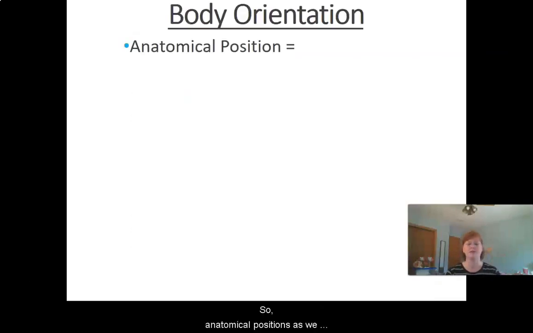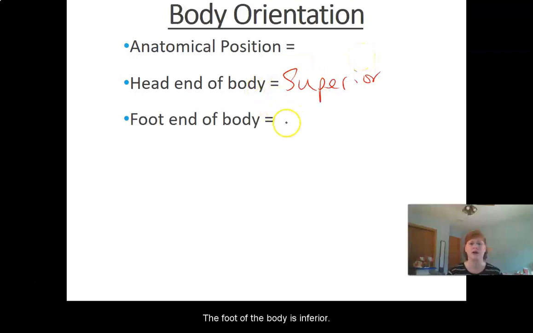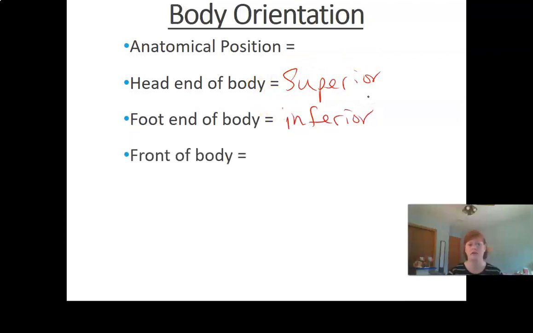So anatomical position, as we said, is standing straight up and down, feet about shoulder width apart, arms at your side, and your palms facing forward. The head of the body, we said, is superior. Towards the foot of the body is inferior. Towards the front is anterior or ventral.